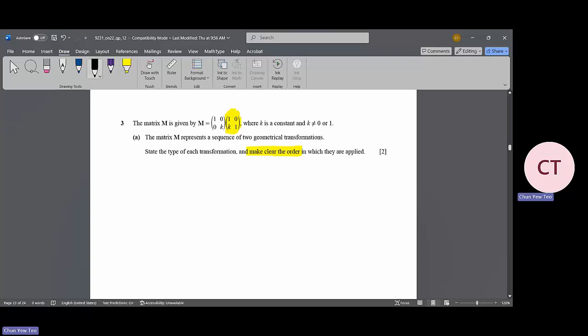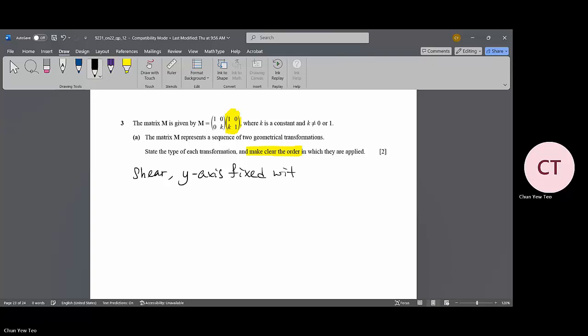So we just say that is a shear, the y-axis fixed.